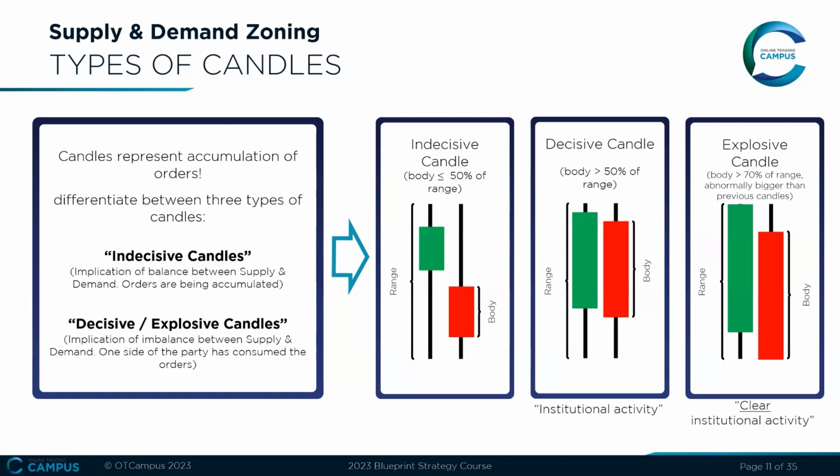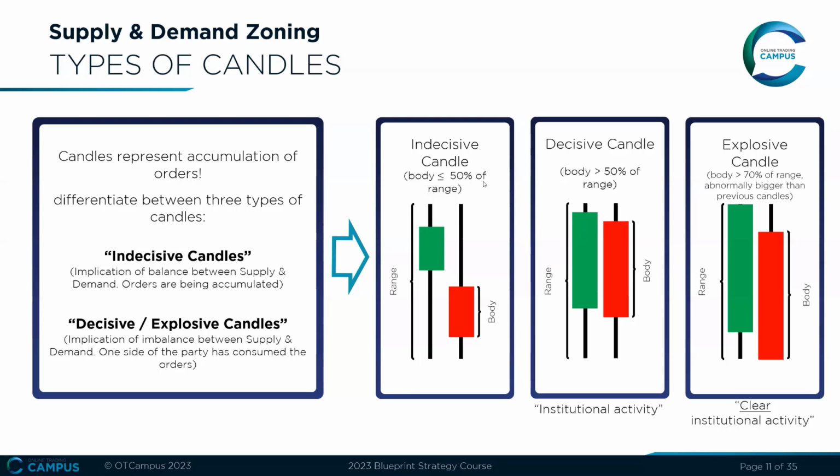And so the scientific rule here is, again, the body should be smaller than or equal to 50% of the entire range. The visual cue, however, is that the close versus the open should be close to one another, visually speaking. And we'll look at that later, because you may have very small wicks, or no wicks at all.